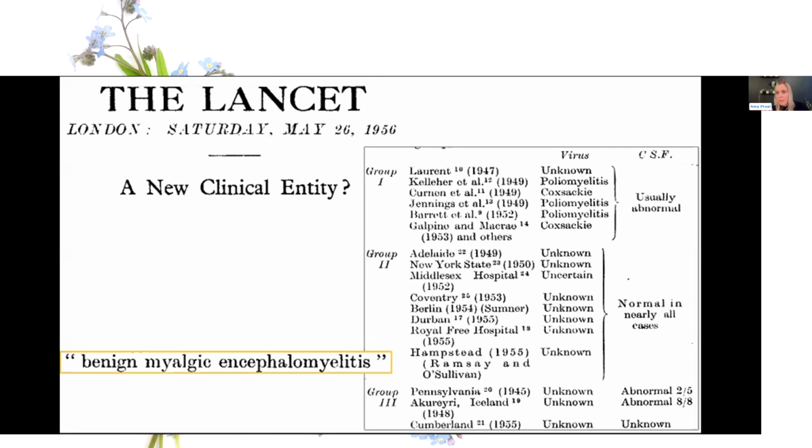These are outbreaks in different geographic areas. There's a famous outbreak that happened in Akureyri, Iceland. There was one in Adelaide, one in New York State, and the Royal Free Hospital outbreak in the UK. As these outbreaks were documented, a key thing in the naming of myalgic encephalomyelitis was that the presentation of a lot of these patients was polio-like in nature.